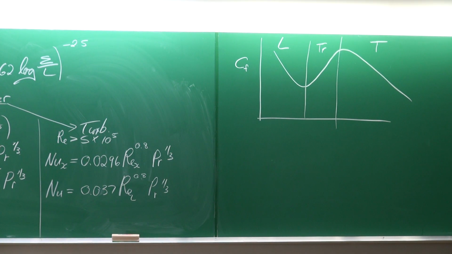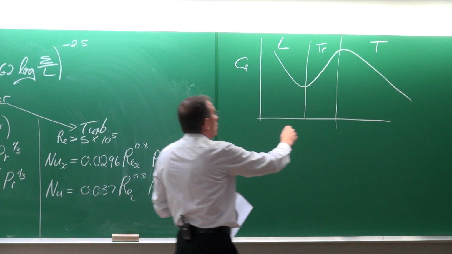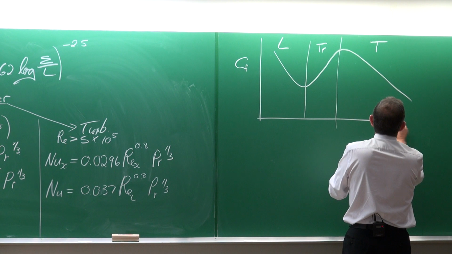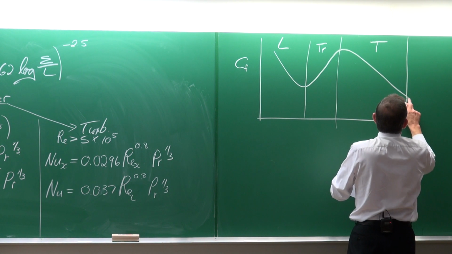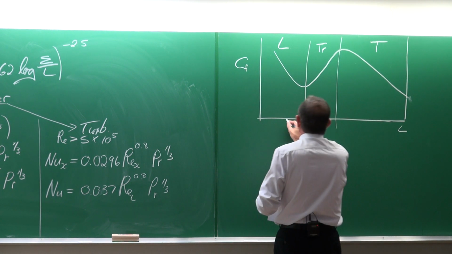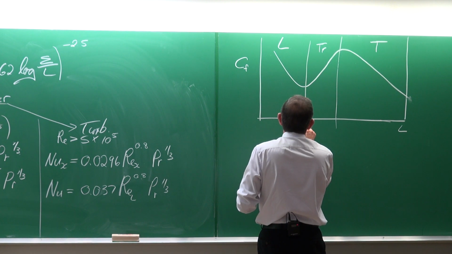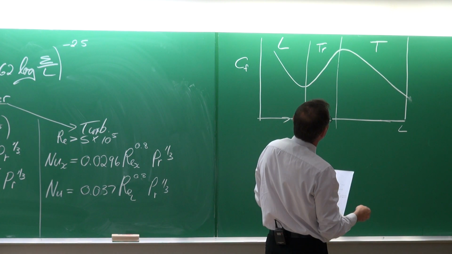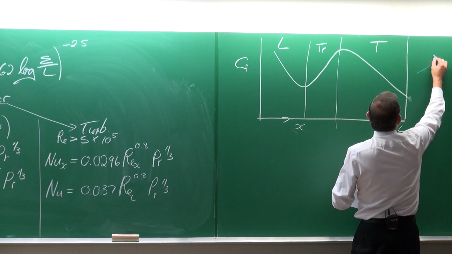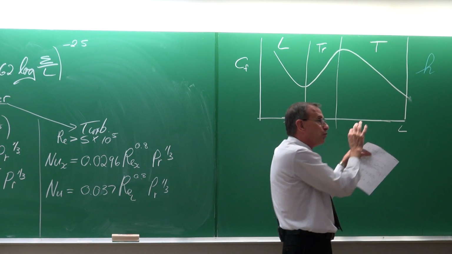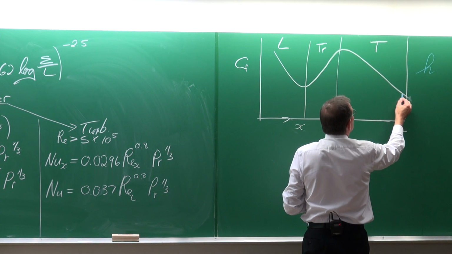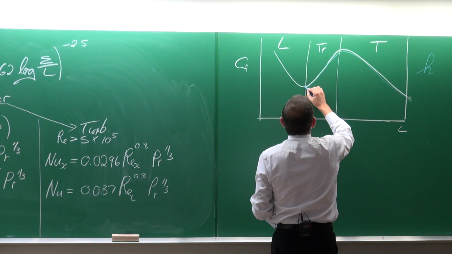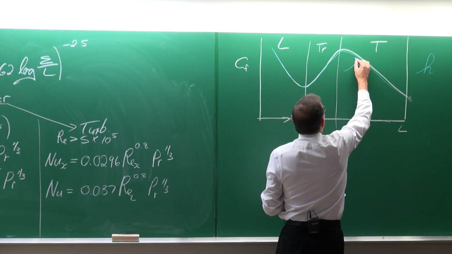Now, the very interesting thing is that if we plot the heat transfer coefficient over the total length L, there's the heat transfer coefficient, and if we plot it on the right scale, the results are very similar.